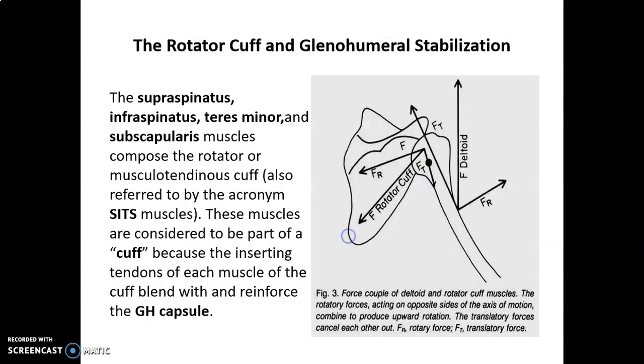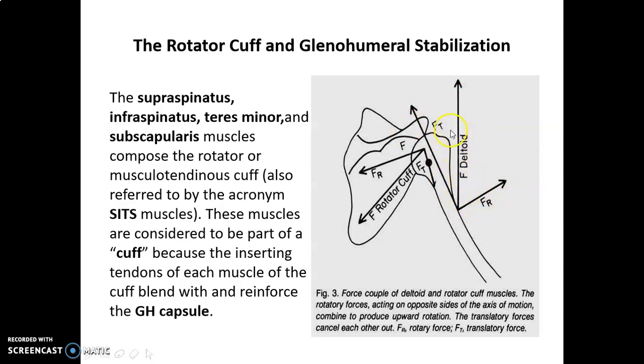Okay. So here you can see that we have been discussing the force vectors of the force of the deltoid. You can see the superior translatory component, this is the rotatory component, and this is the resultant of the deltoid force vector.